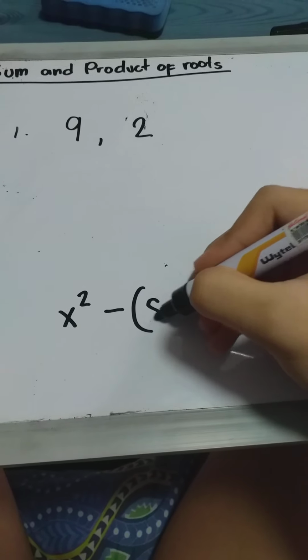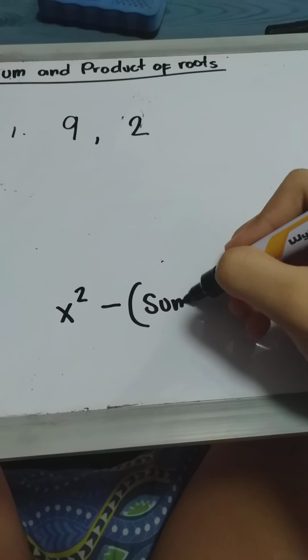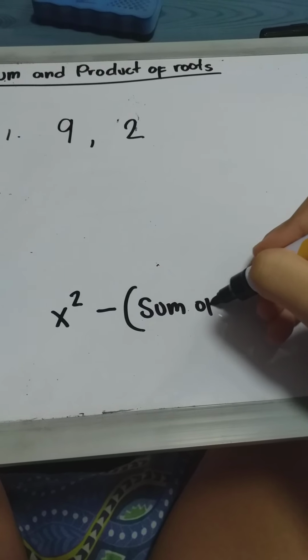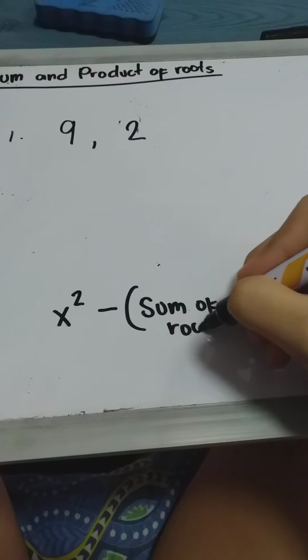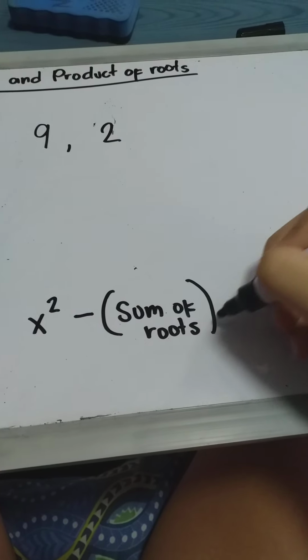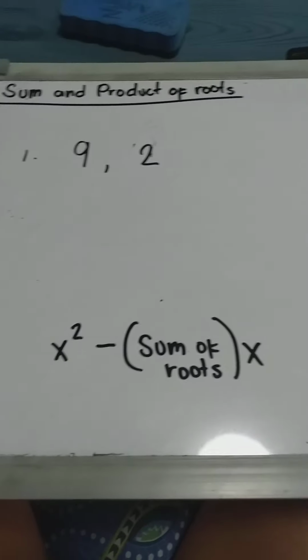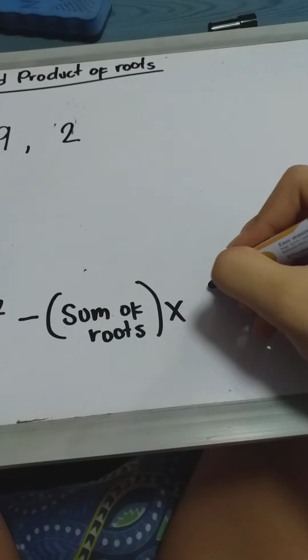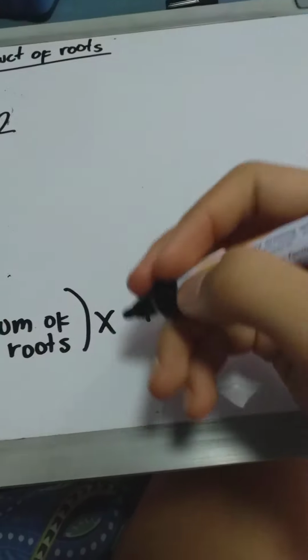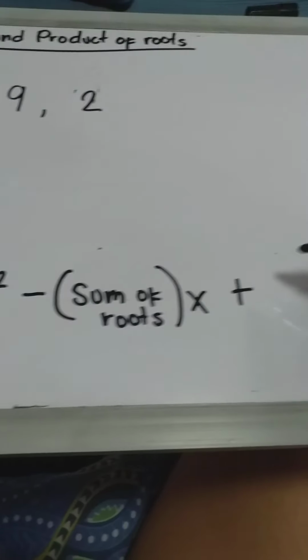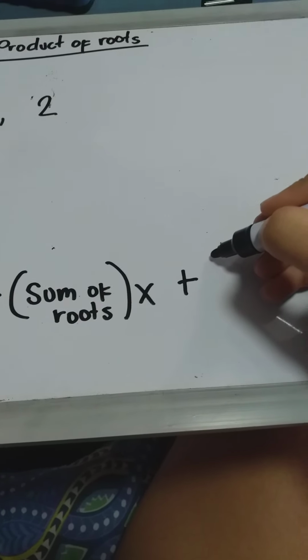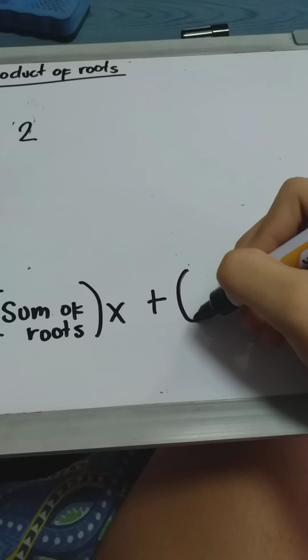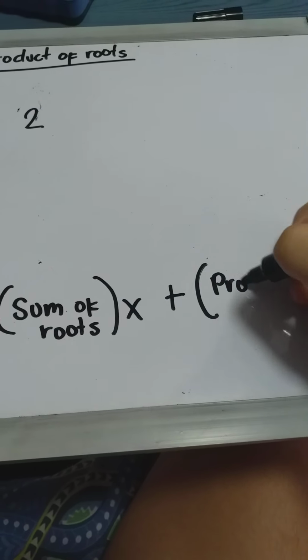Then you put the sum of the roots times x, because again it's a quadratic equation and this is your linear term, plus. This plus is also constant, don't be confused. Then the product of roots.